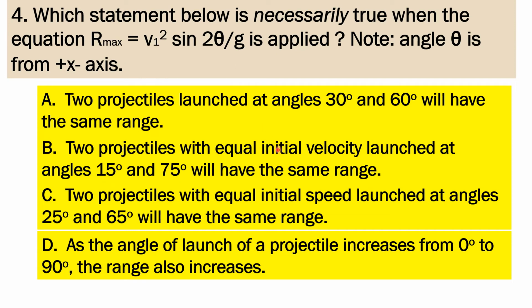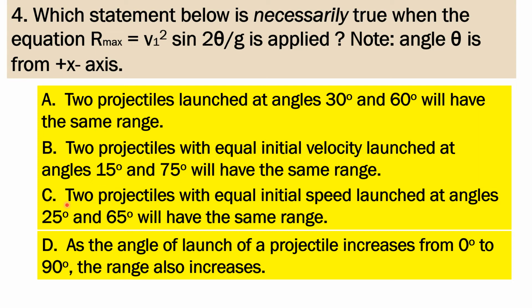So, looking at each of the options, letter A, two projectiles launched at angles 30 degrees and 60 degrees will have the same range. Letter B, two projectiles with equal initial velocity, launched at angles 15 degrees and 75 degrees will have the same range.